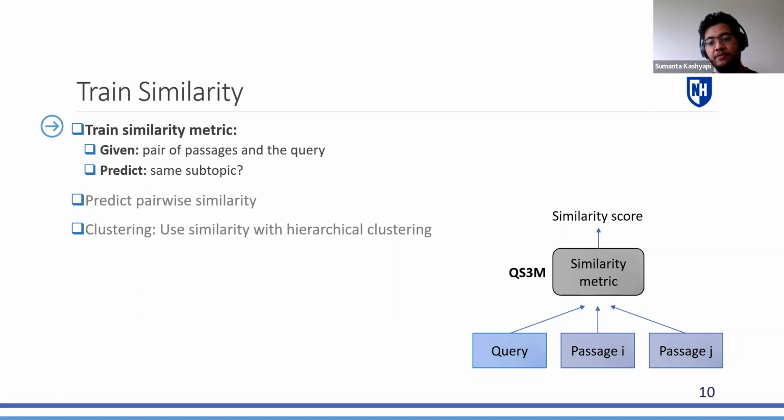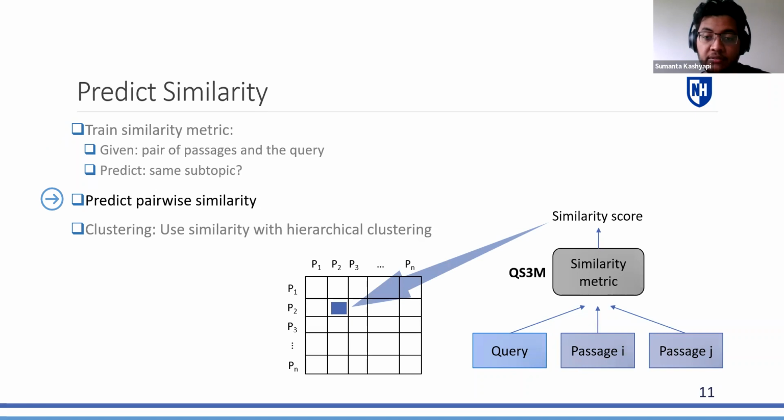Please refer to our paper for more details about the architecture, implementation, and different variants of the model. Also, we can see that the query is part of the input that goes into the trainable similarity metric. So the metric can be trained to be applied to unseen queries with enough training examples.